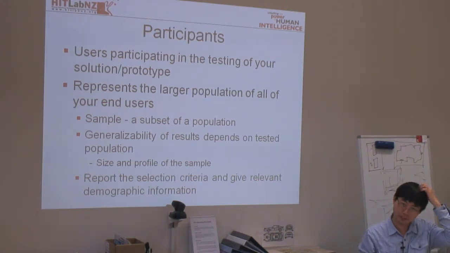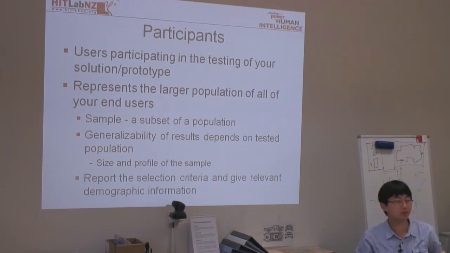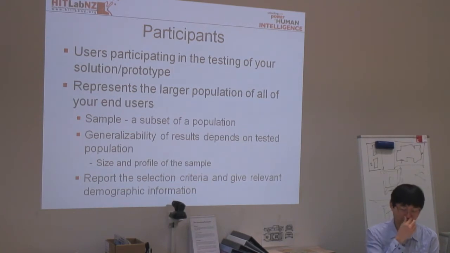If you say subjects, it might be a little bit uncomfortable calling humans subjects. It sounds like you're doing some serious human experiment. In many cases, calling them participants is a convenient way to refer to somebody participating in your user study.